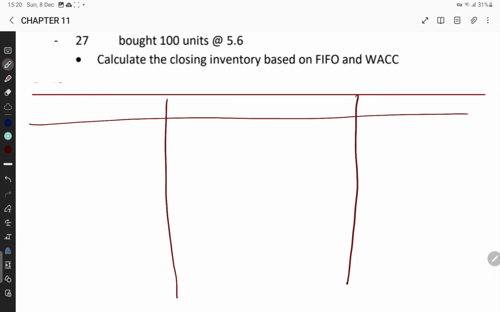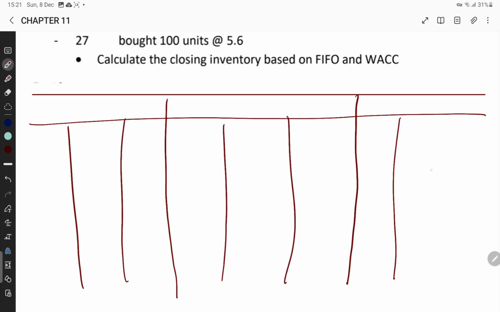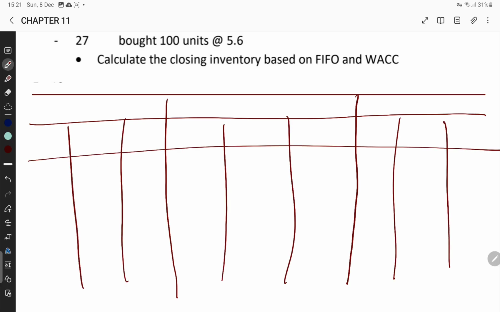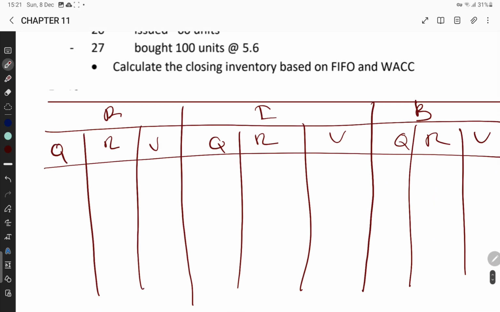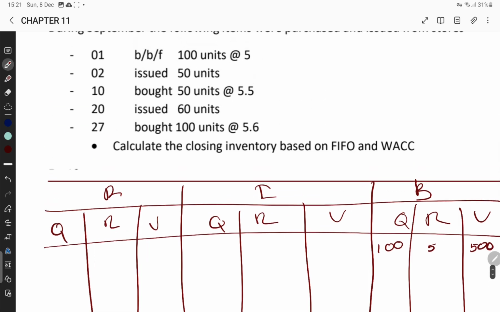We divide the table into 3: receipt, issues, balance, each with quantity, rate, value. So we have 100 units at the rate of 5. The balance is 100 units at the rate of 5, the value is 500.